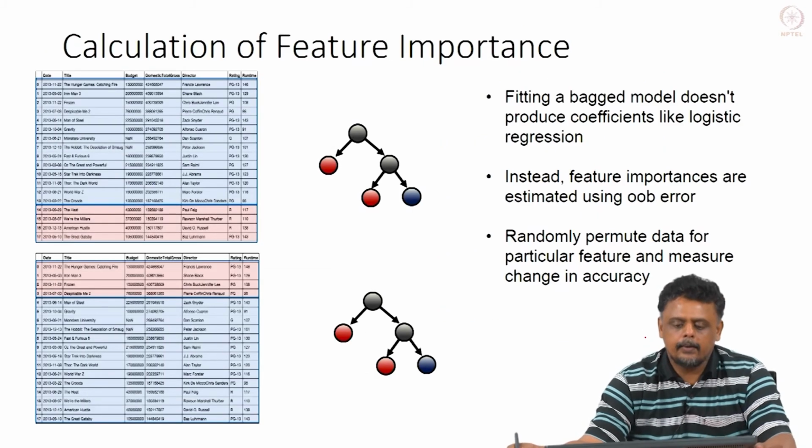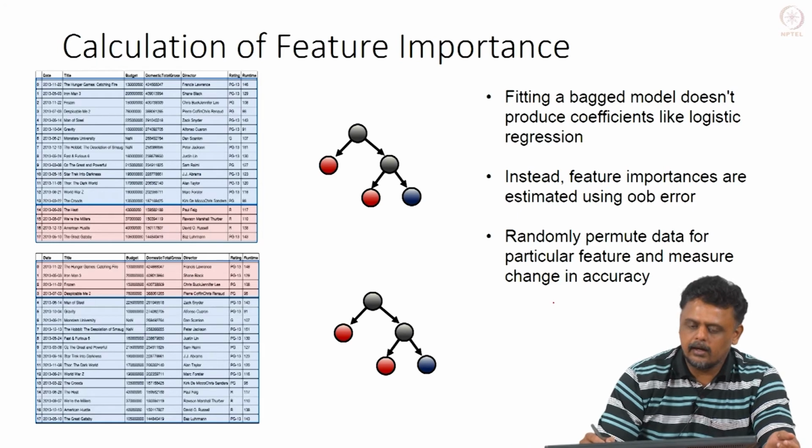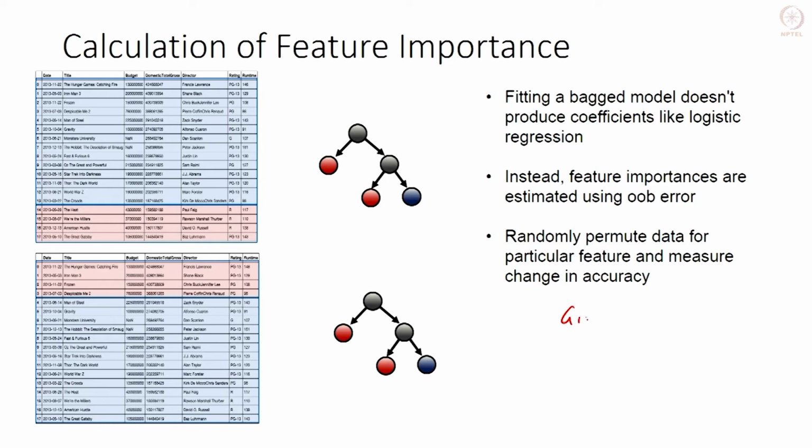Similarly, you can do the same procedure for feature importance, right. Feature importance can be measured using the classification error, or typically the Gini index will give you the measure of feature importance. What do I mean by that is, we saw that when we are trying to do the split at every node in a tree, we are choosing features based on the largest change in the Gini index or the entropy or the classification error.